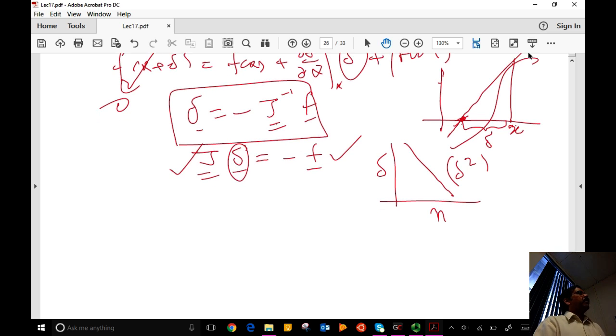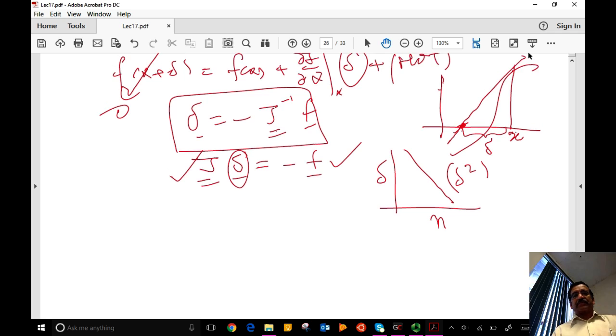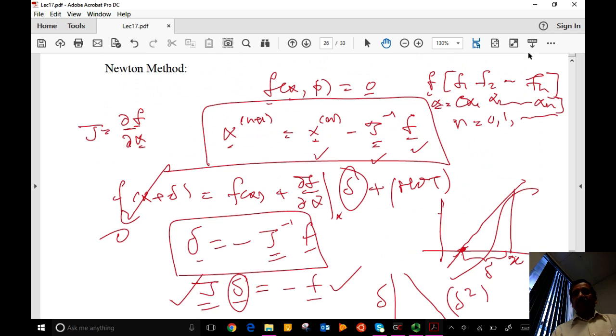But to solve this, you need to come up with an initial guess, because when n is equal to 0, you need an initial guess. And nonlinear problems are notorious for blowing up due to numerical problems and instabilities if the initial guess is not close enough to the final result. So in the next class, we will look at how we can improve upon the Newton method in terms of Euler-Newton continuation, which is built into COMSOL.